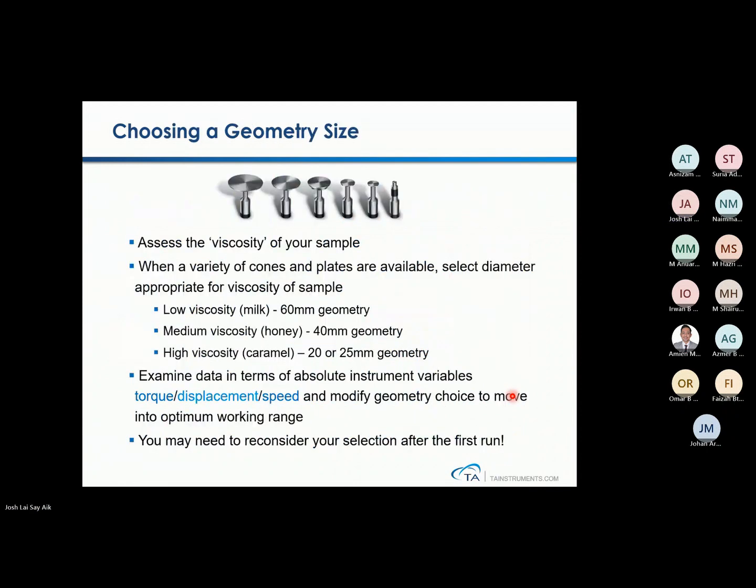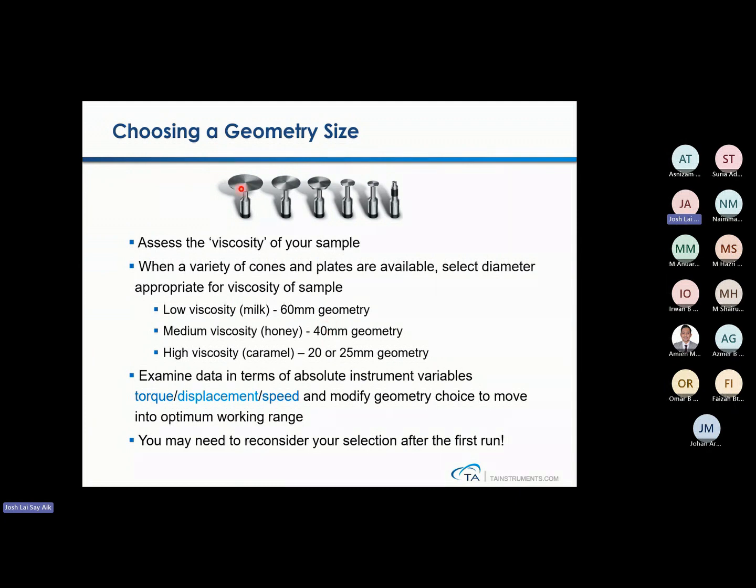So how do we actually choose geometry size? Well, you need to assess the viscosity of a sample very generally. If you have a milk sample, quite low in viscosity, you can go for a larger surface area, which is 60 mm.